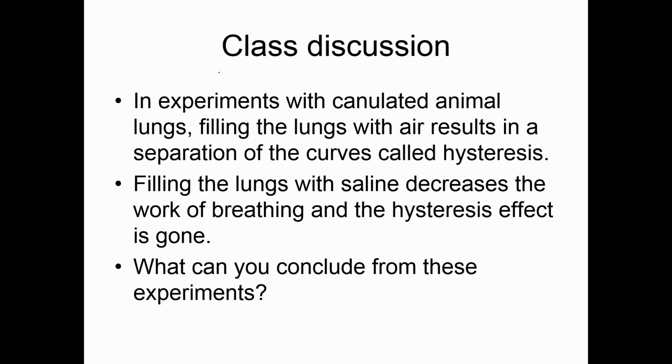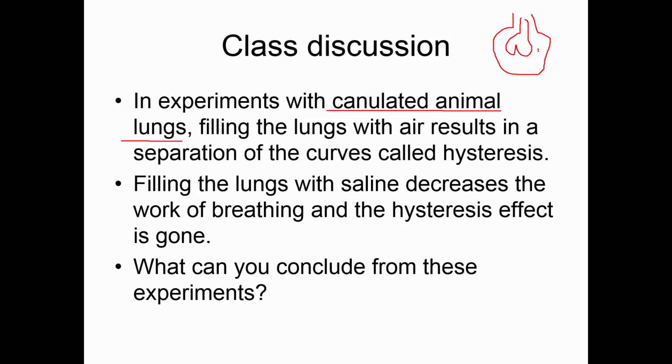Now, I want to tell you about a classic experiment, and we'll discuss this in lecture. In experiments with cannulated animal lungs, they take lungs out of an animal, put a little cannula in the trachea, and fill the lungs with air, and they do a pressure-volume curve. They put it in a little device, so you have a little jar here, and then you have your animal lungs in the jar.